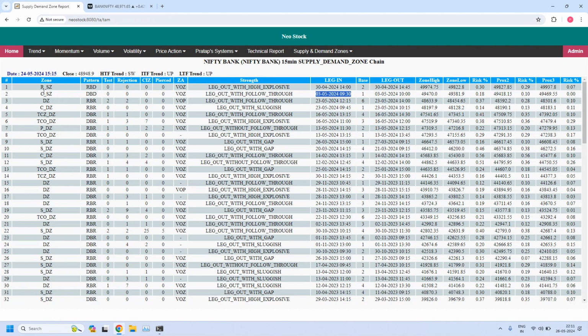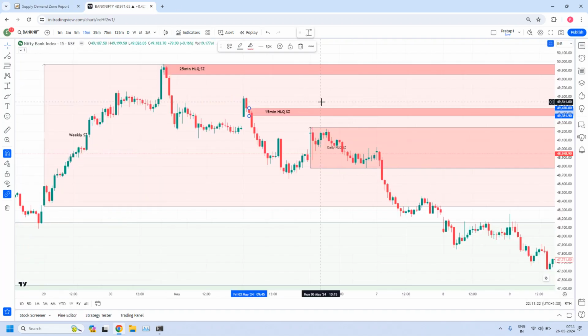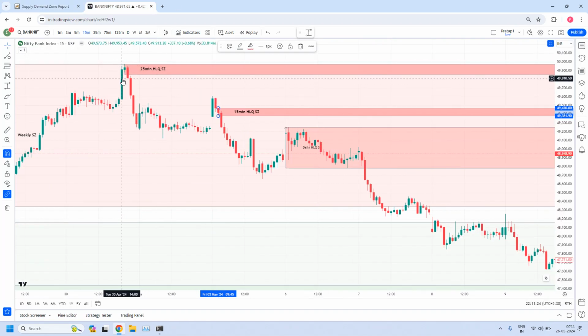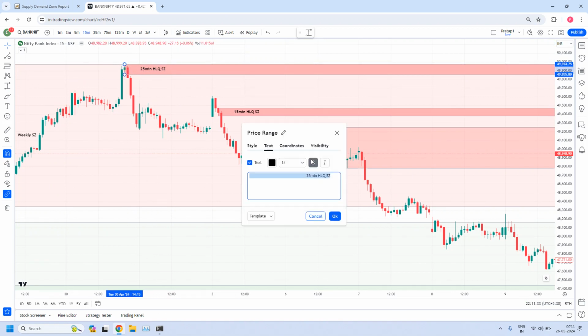And you have one more, 14:15, two base candles. This is the one. So the same zone we can treat as a 75 minutes high liquidity supply zone and also a 15 minutes high liquidity supply zone.